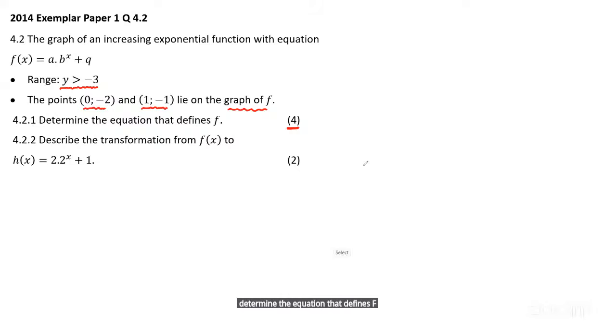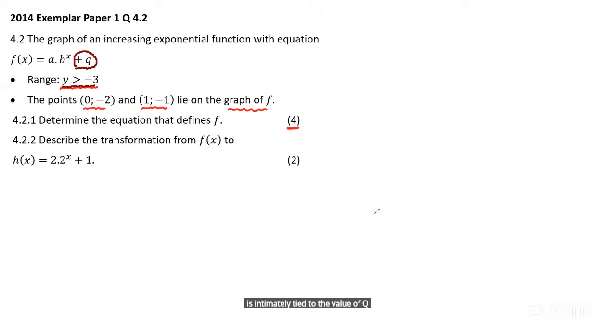Now listen to this. Here's my story. The first thing that we should note is that there is a range. When I did the first question on exponential graphs, I gave the idea that the range is intimately tied to the value of q.